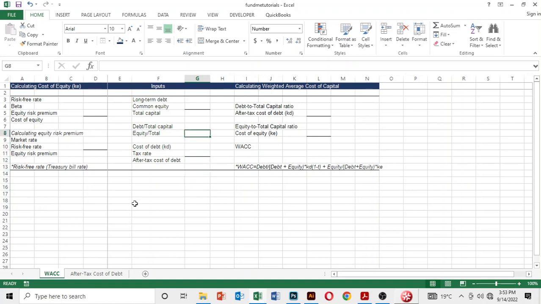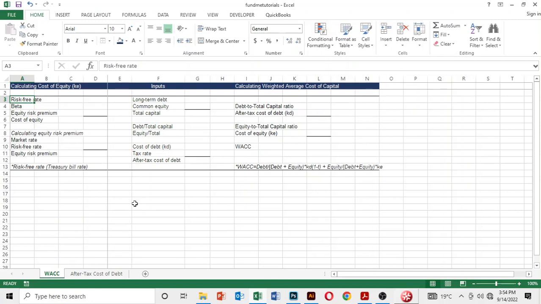let's look at what the factors are that affect the required rate of return or the expected rate of return on equity investments. Because from the angle of the company, the cost of equity is the cost of raising equity, right?